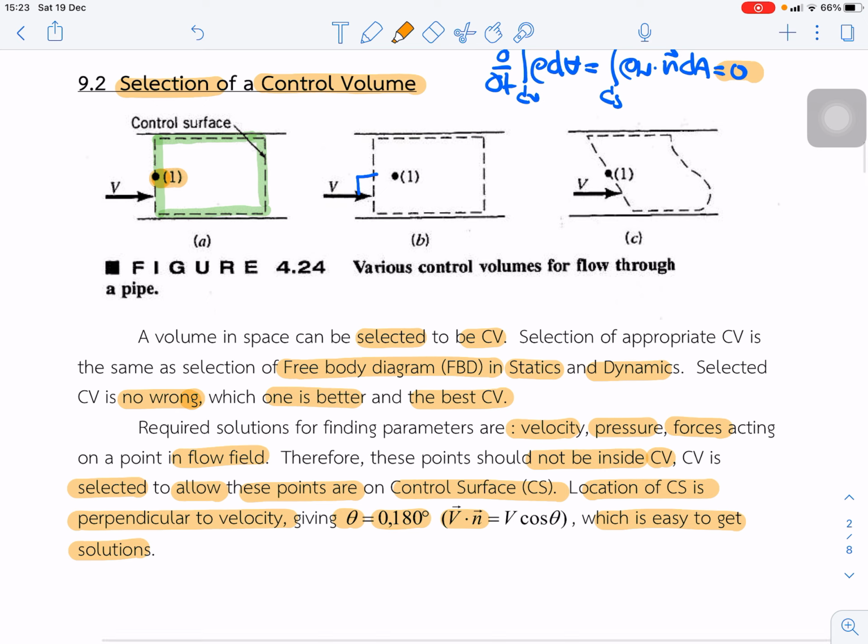So that is a good choice, but this is not a good choice because the velocity is not perpendicular at point 1. So this one, choice B, is not a good choice.